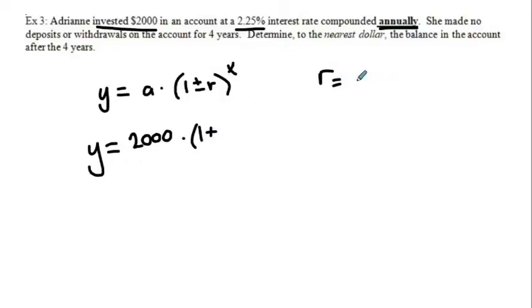Now, what is r? So 2.25%, we're going to convert that to a decimal. So 2.25, let's move the decimal and add a 0 here. R is 0.0225. So 1 plus 0.0225 to the power of x.